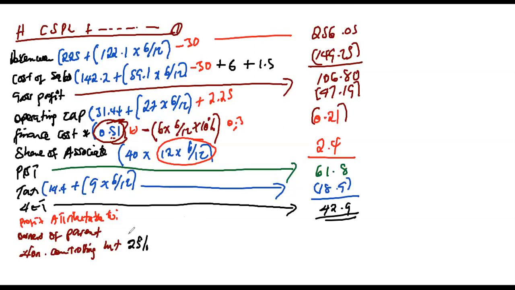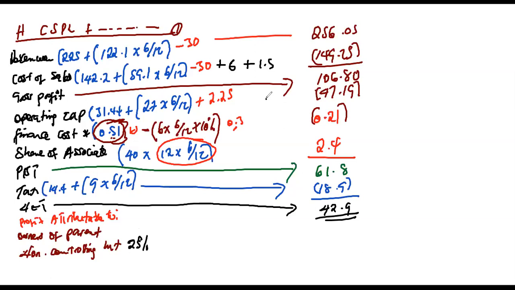It's 42.9. Now look at it this way. That's the profit attributed to owners. So we have our 42.9. What do you think we're going to do with the 42.9?